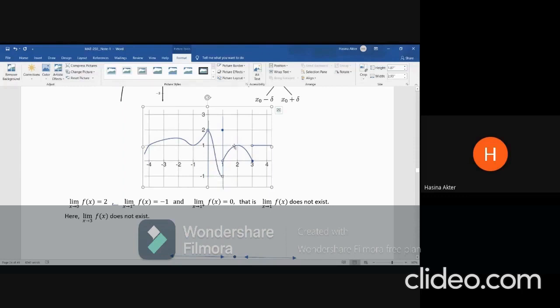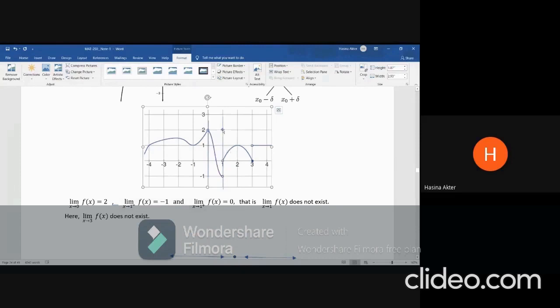On the other side, from the right side, if you take the x values which are getting closer, the y value is not exactly 1. For this graph, if x is 1, then the y value is 2. But if x is smaller than 1 but close to 1, look at this, this is a very good example, class. This is a very good example.